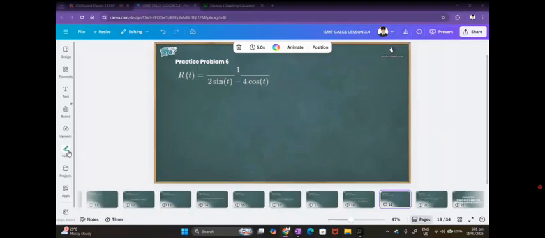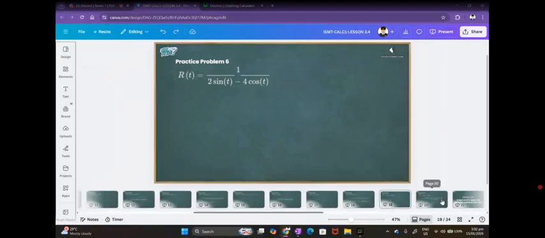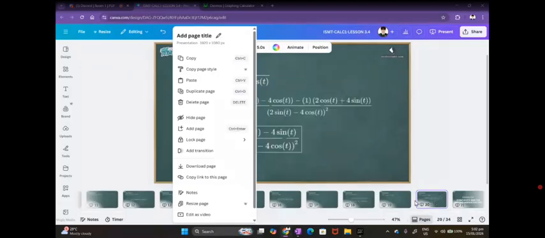Pwede kang gumamit here ng low d high, high d low. Yung ginawa natin sa tangent, di ba? Sa pag-derive ng tangent. Okay na ba guys? Okay na.